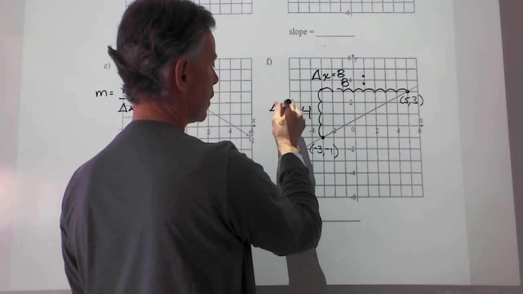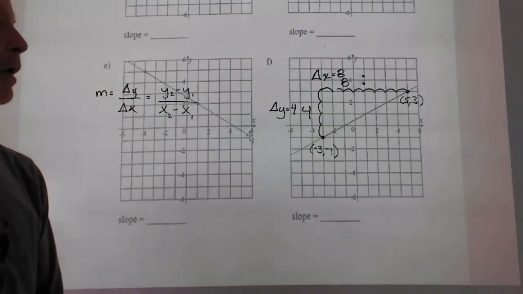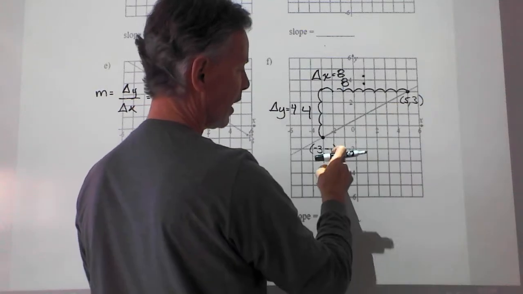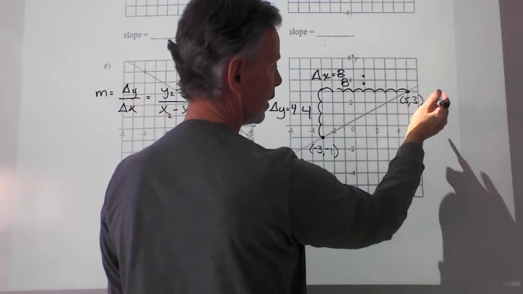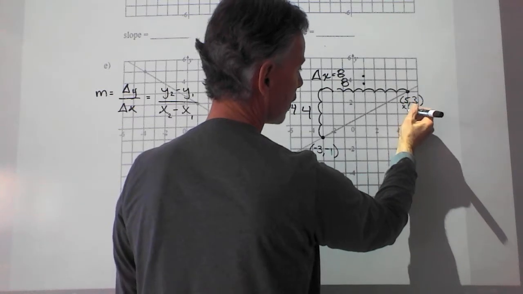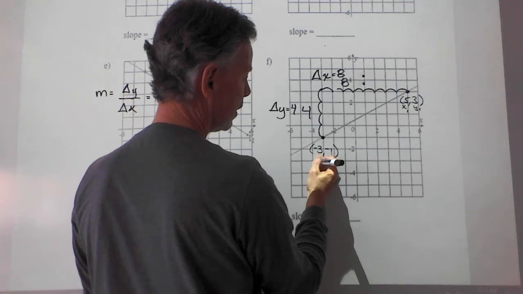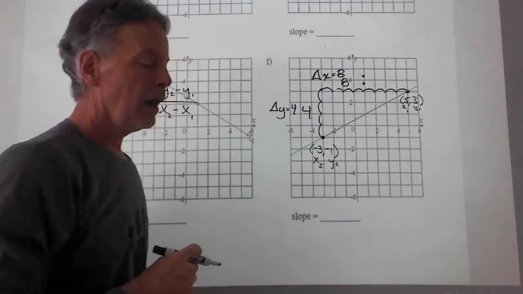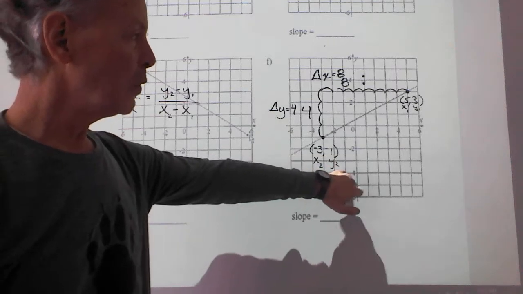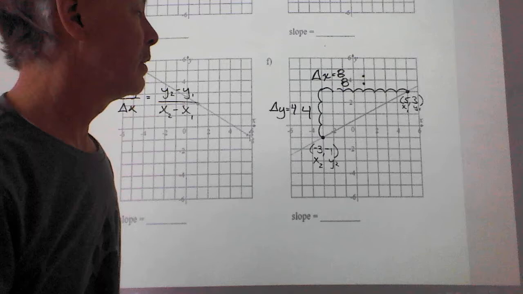Your change in y is 4. Well, look at what happens if we subtract our y values. Okay, so there's our y1, there's our x1, there's our y2, there's our x2. It doesn't matter if you say this point has the 2's and this point has the 1's or vice versa. You'll get the right answer.